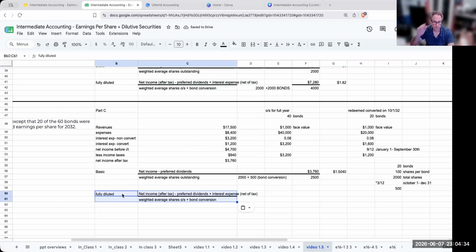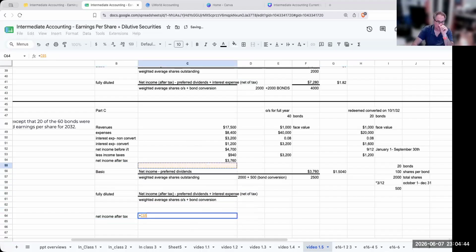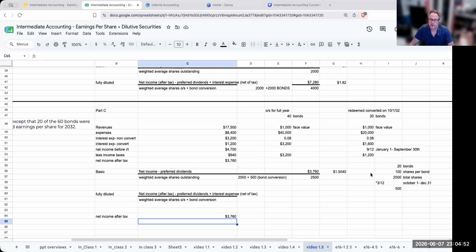Okay, now I have to go over here and now do my fully diluted. So really what I'm doing is I'm basically saying, all right, my net income after tax was 3,760. I need to then add back my interest expense on both of these. Now remember, when we do this, on the real one, they were only outstanding for 3 months.